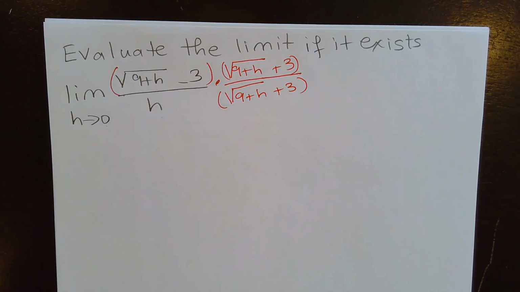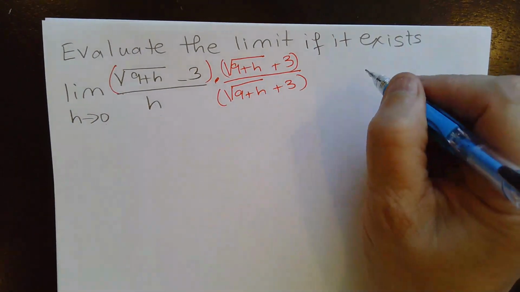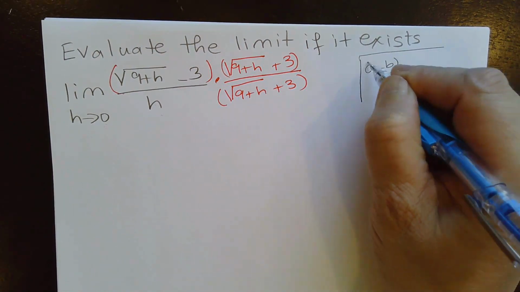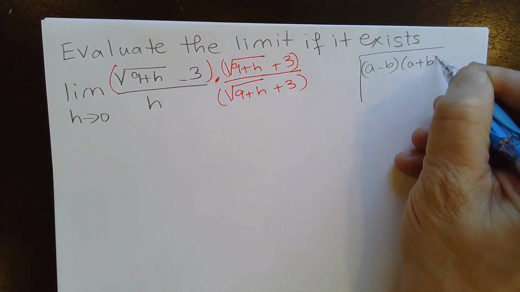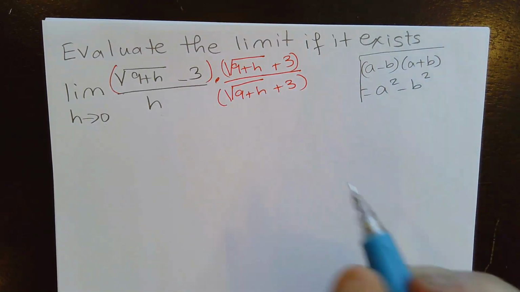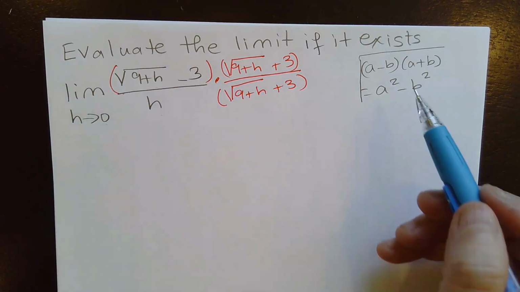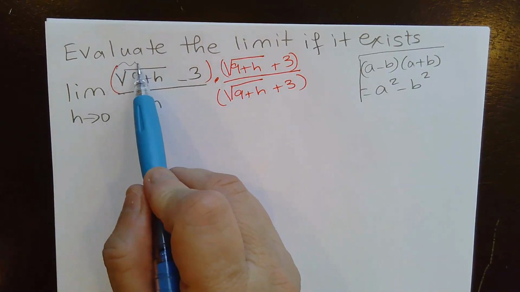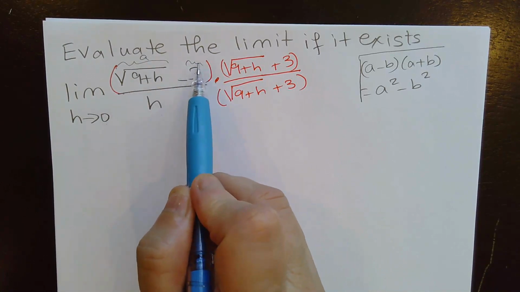And what do you get? This is similar to algebra. Let me refresh your memory: a minus b times a plus b is equal to a squared minus b squared. So we are multiplying the sum and the difference of two numbers. This one would be your a and this one would be your b.